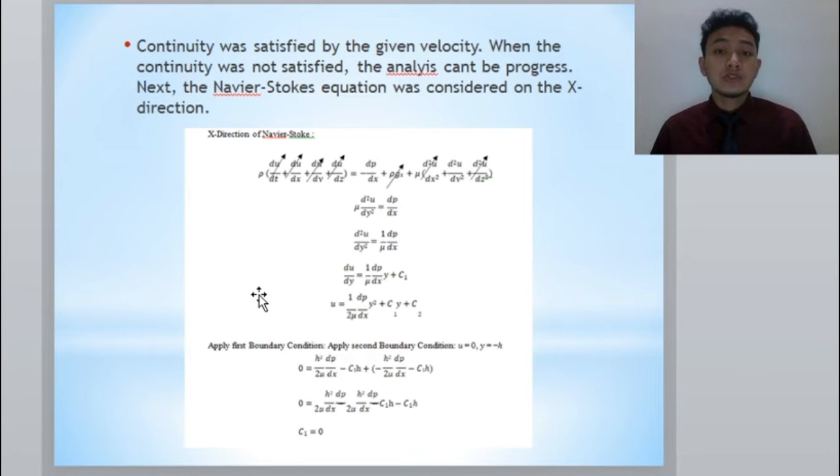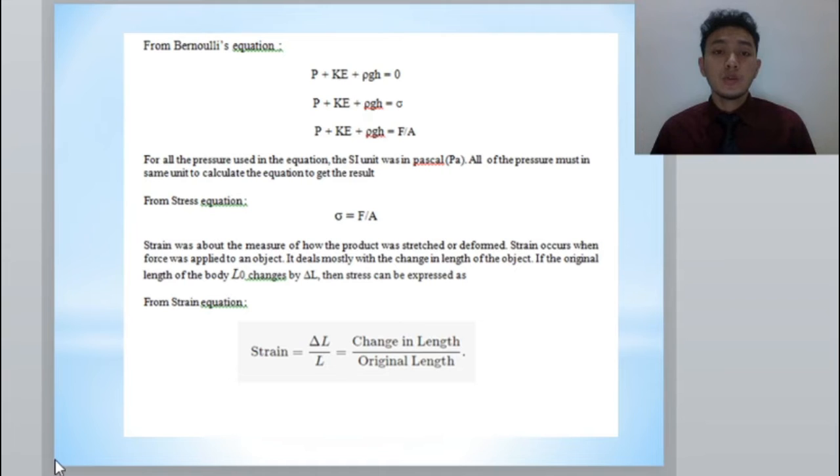So next, the Navier-Stokes equation was considered in the x direction. After we solve with the boundary condition, we will go through the Bernoulli equation, which is pressure plus kinetic energy plus rho g h equal to stress.